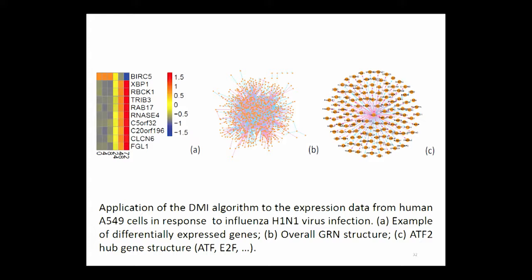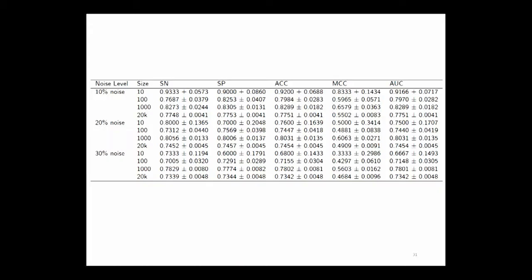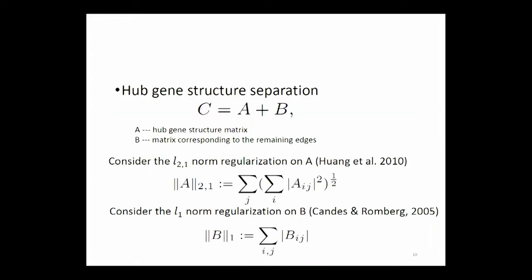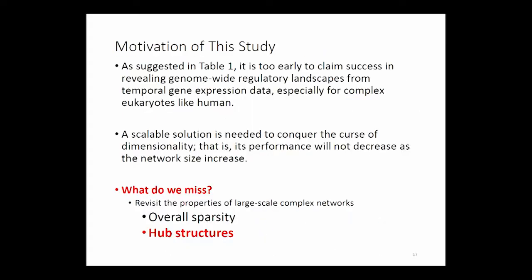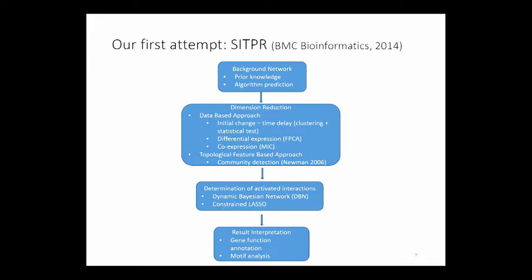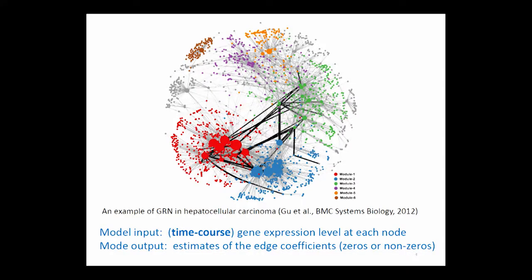So here's the application. Actually, I need to go back to the slides to explain why this works. I just mentioned that I used the hub structure and then solved the problem. Why? If you look at this plot, you remember we divide the network into multiple communities, right? So what's the possible number of communities in a real large-scale complex network?